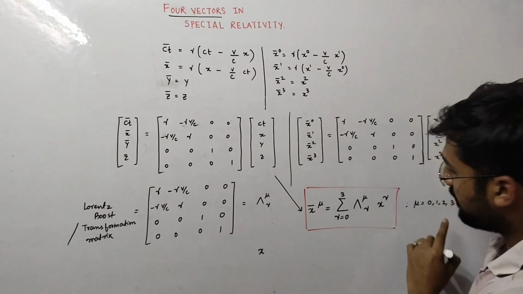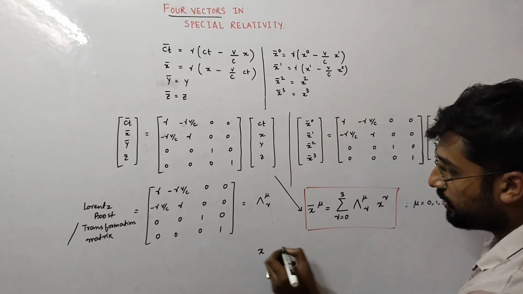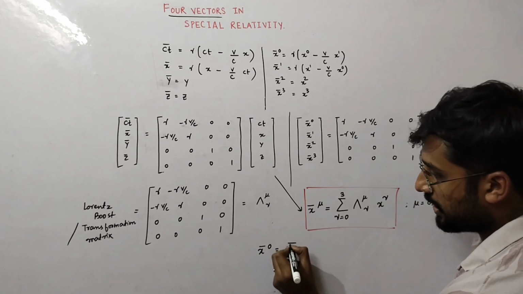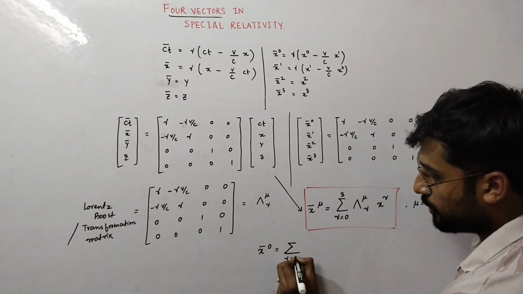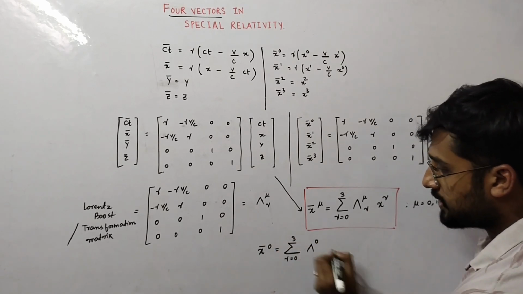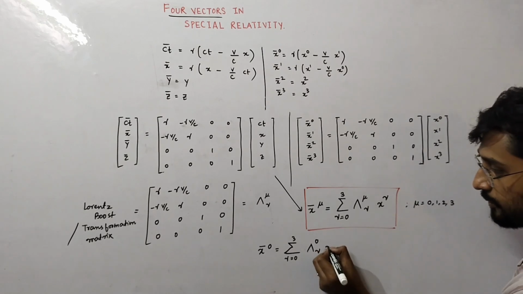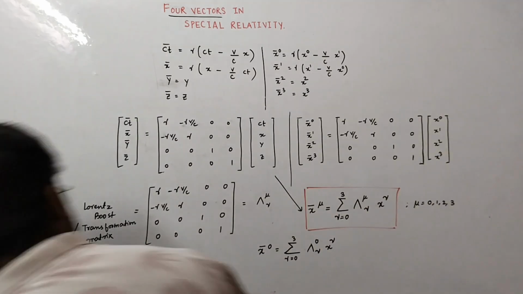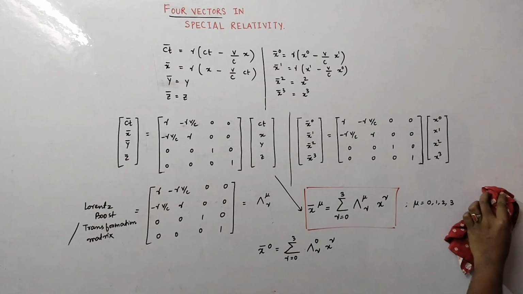Suppose I have taken mu equal to 0, so this will be x0, this is summation, nu equal to 0 to 3, lambda 0 nu, x nu. Now as you can see, mu goes from 0 to 3, so I believe you can take a screenshot of this and then we'll move on to the next section.